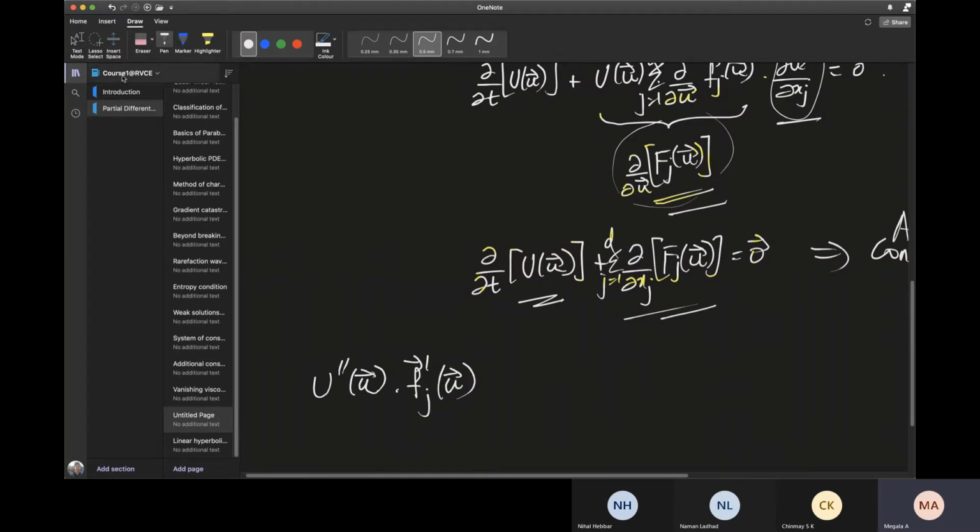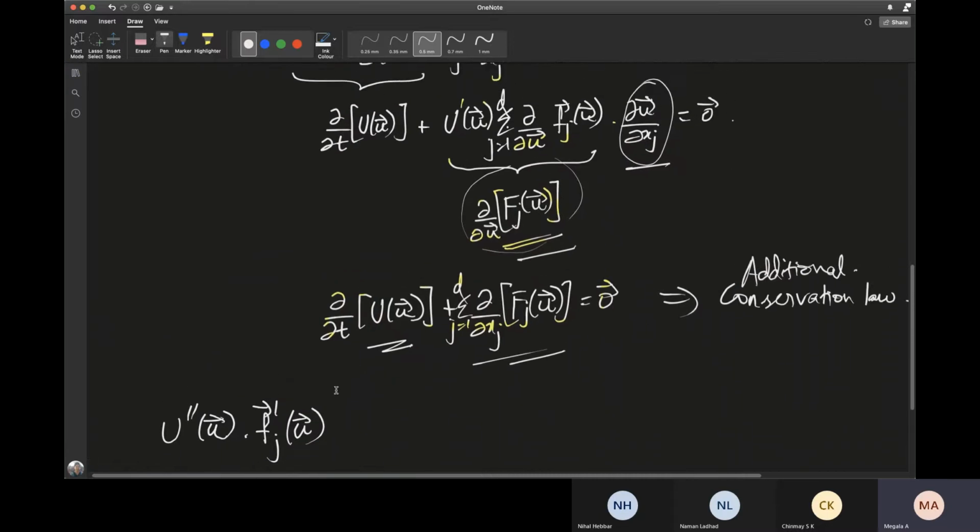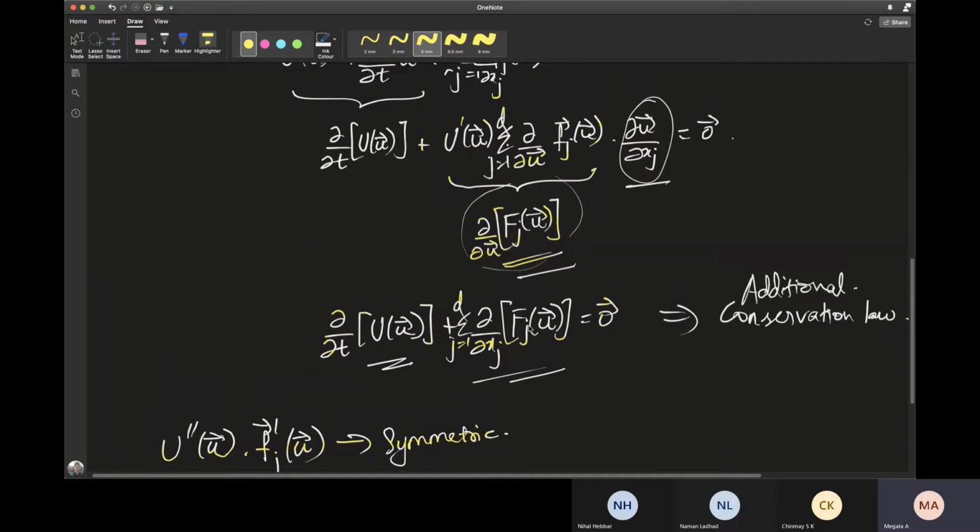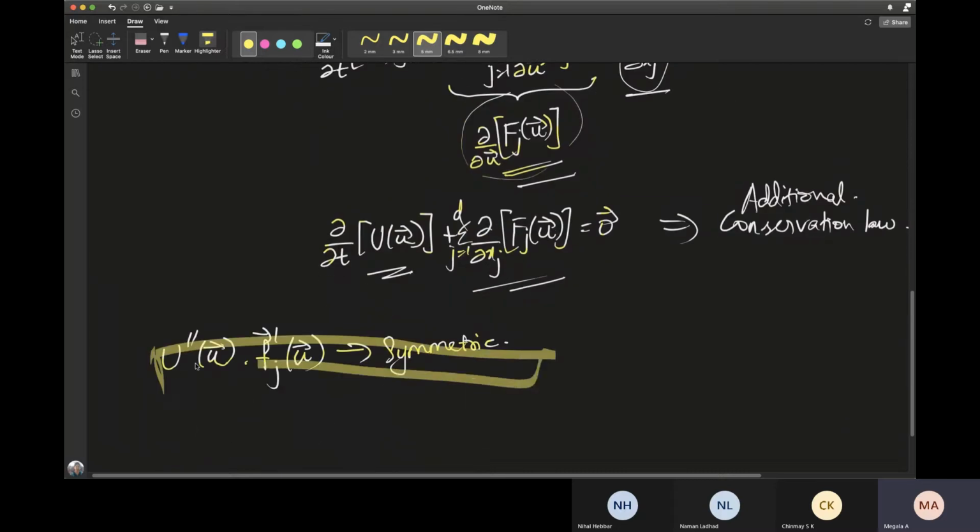This has to be symmetric. This condition is equivalent to saying that this condition is true. They are both equivalent. We showed that for the existence of an entropy function, this is the necessary and sufficient condition.